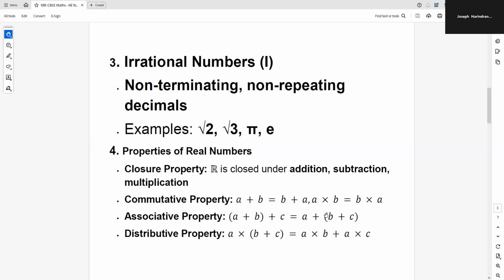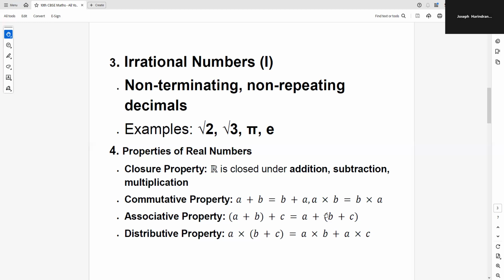Now coming to properties of real numbers, closure property, as you already studied in the lower classes. These are learned in the lower classes itself. Real numbers are closed under addition, subtraction, and multiplication, because if you do addition, subtraction, or multiplication of two real numbers, you will get a real number itself as a result.